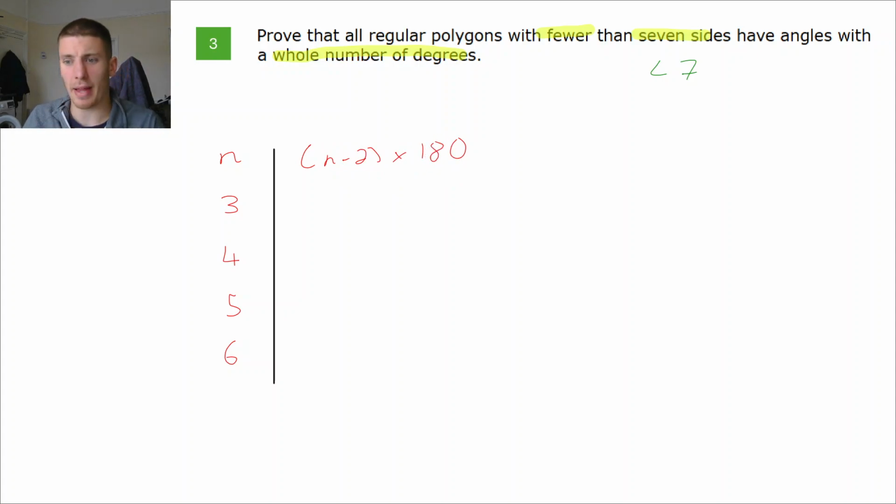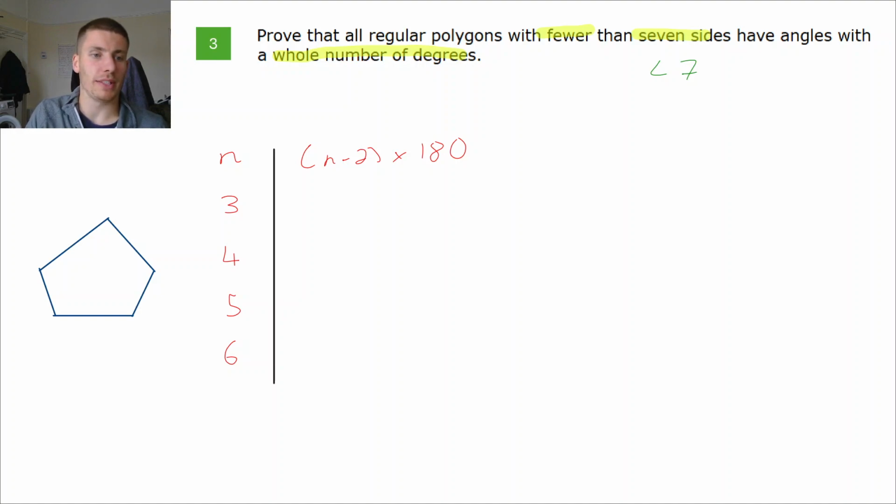Just to quickly recap where this formula actually comes from. Let's say we're considering a pentagon, so 5 sides. Let's make it a bit symmetrical. This bit here, n minus 2, is saying that if your number of sides is 5, a pentagon, and you take away 2, you can make 3 triangles from this shape.